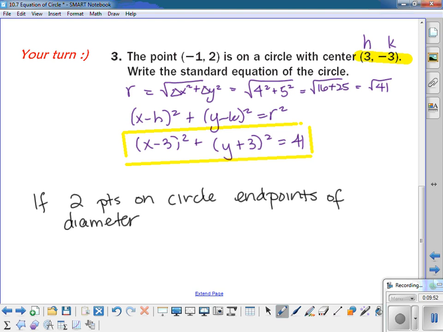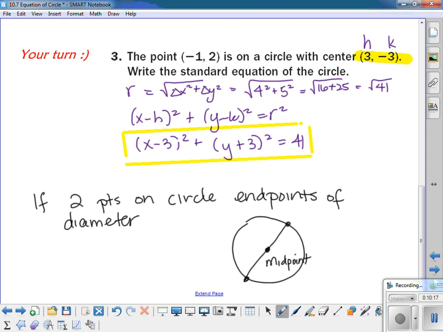You're on the right track. If I tell you that this point and this point are the endpoints of a diameter, how could I figure out where the center is? Cut it in half, and what do you call that midpoint? It's the midpoint, right? So you would just find the middle or the midpoint of that segment, okay?